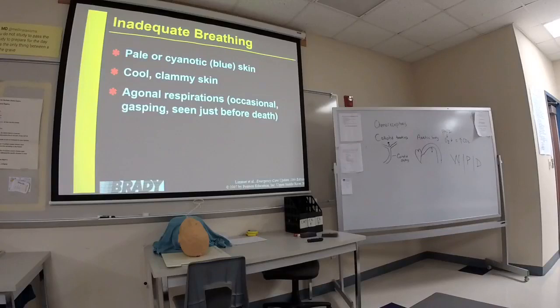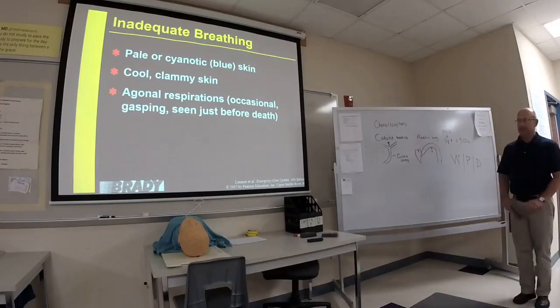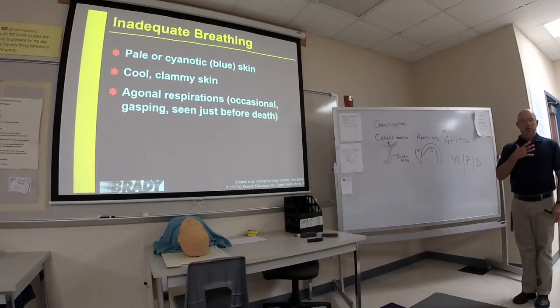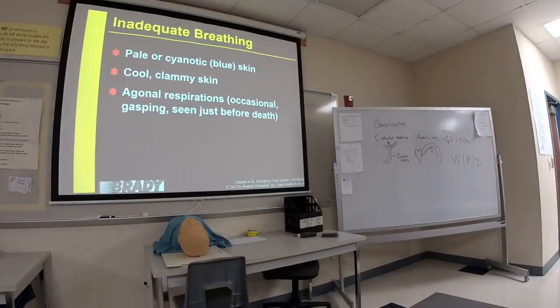We probably have a definition. These are gasping respirations. This is not effective, sort of a snoring. It's very, very using accessory muscles. We don't breathe with our abdominal muscles normally.